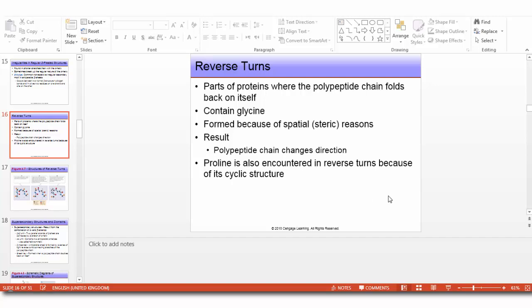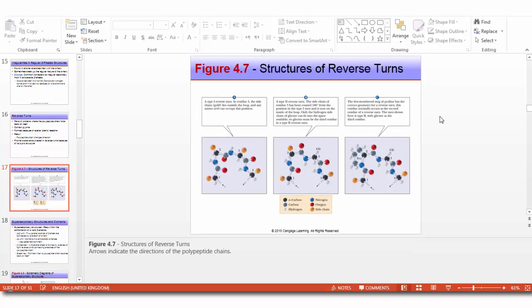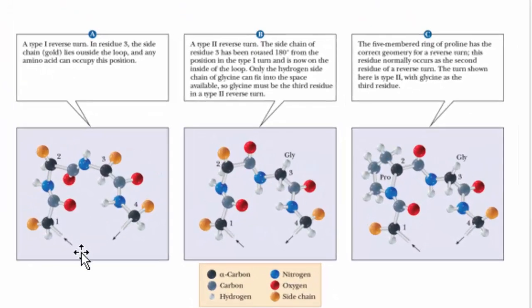So if we look at this figure here, these are the structures of reverse turn. Now this is called a loop. This loop, for example, we take a loop of protein consisting of 1, 2, 3, 4 amino acid residues. Now here look at residue number 3.